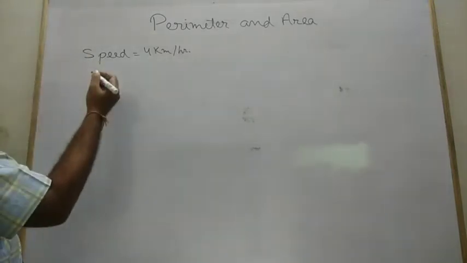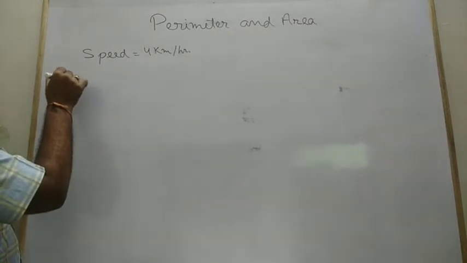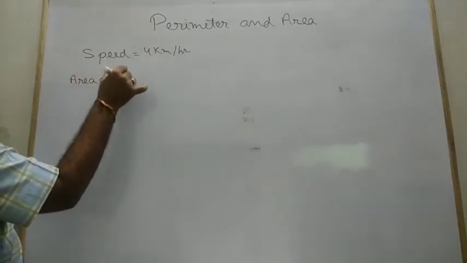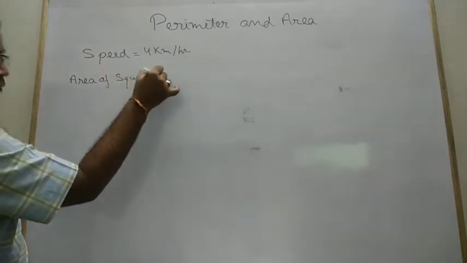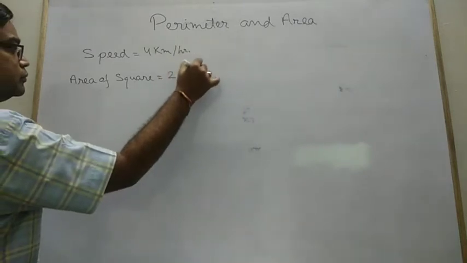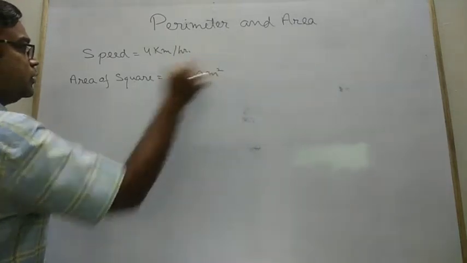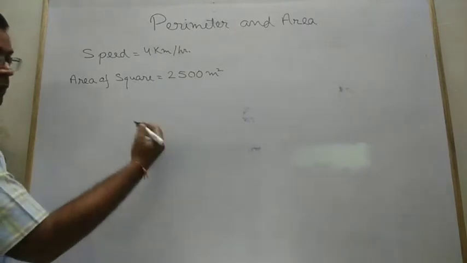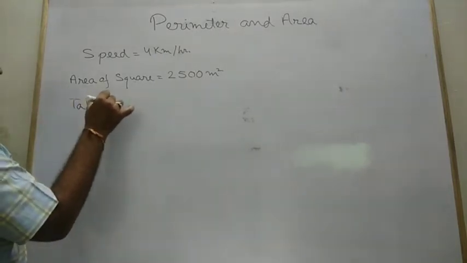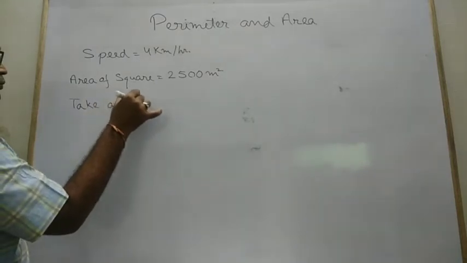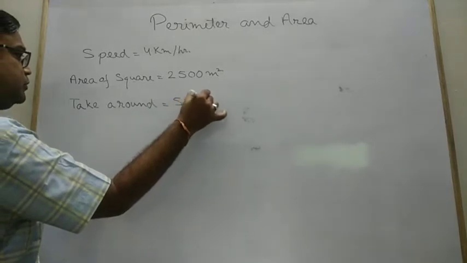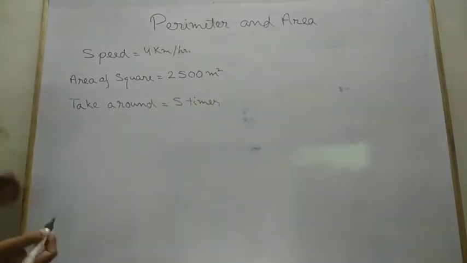First, area of the square is given, 2500 meter square. Clear? And he takes around 5 times. The question asks you for time.